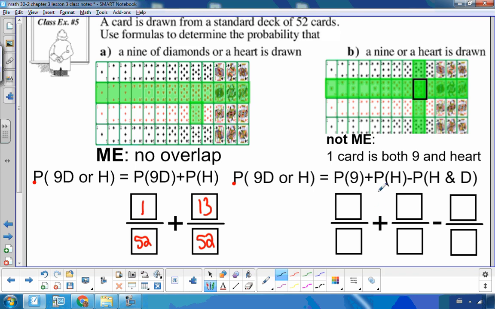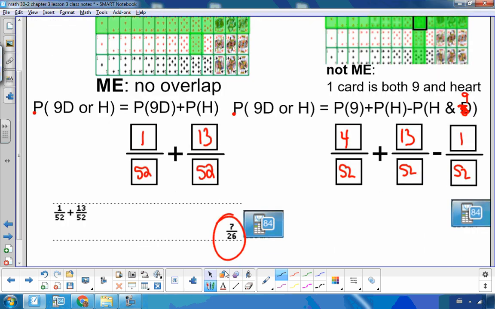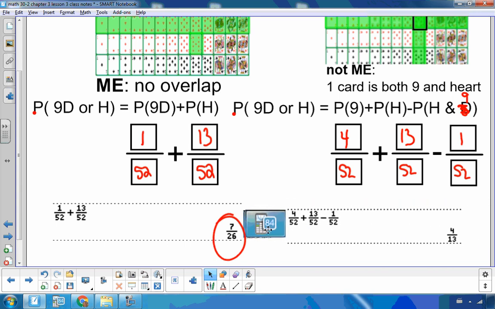So the probability of picking a card from the deck and it being a 9, 4 out of 52, plus the probability of picking hearts, 13 out of 52, subtract the one that is a heart and a 9 at the same time. So subtract the probability of a heart and a 9 at the same time. That's that one card out of 52. So let's put those into my calculator. 4 out of 52 plus 13 out of 52, subtract the 1, and I get a probability of 4 out of 13.